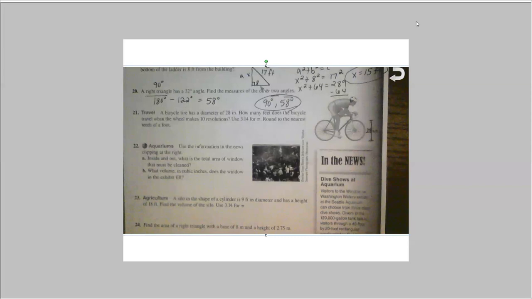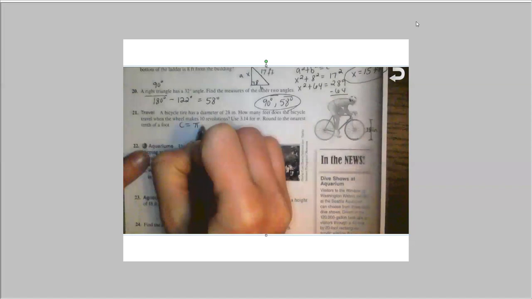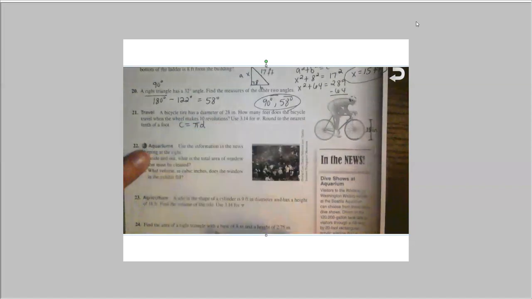Okay, so remember, as that tire is going around, we're actually finding the circumference of that tire. Circumference is pi times diameter. Okay, so we know that the diameter of that is 28 inches. One thing to notice here is that my information is given in inches, but it wants an answer in feet.